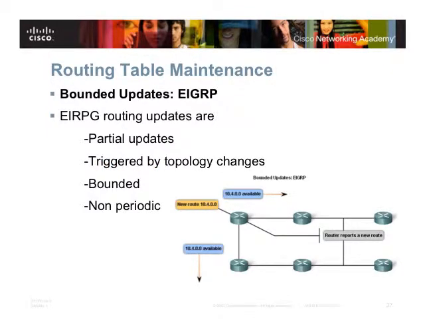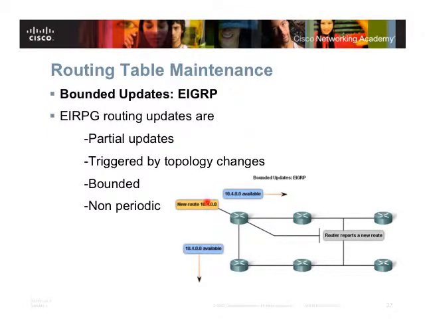So what does partial mean? Partial means that we do not have to send the whole routing table in the update message every time. If I know that this network, for example, goes down, or maybe this network did not exist and now it has been recently connected to the network, why do I have to send the entire routing table in the update?